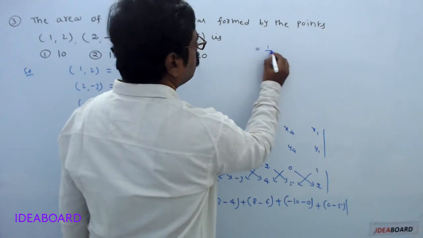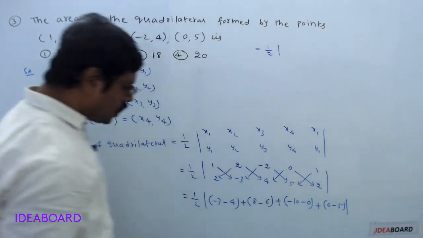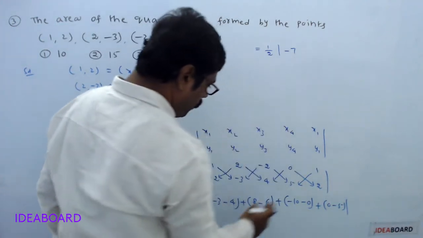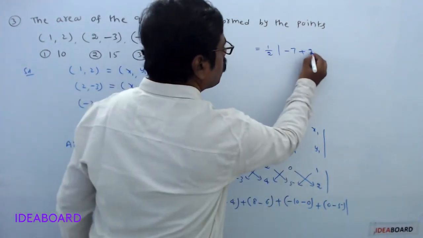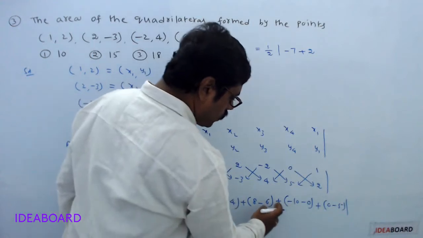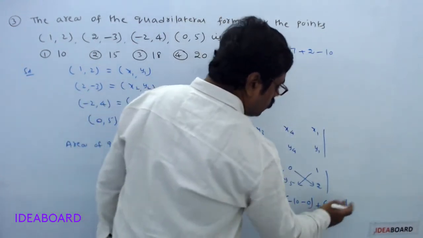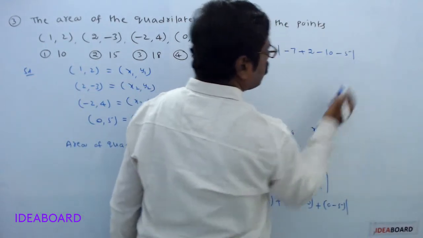That equals half modulus of minus 3 minus 4, it is minus 7, 8 minus 6 plus 2, minus 10. This plus into minus 10 is minus 10, plus into minus 5 is minus 5.